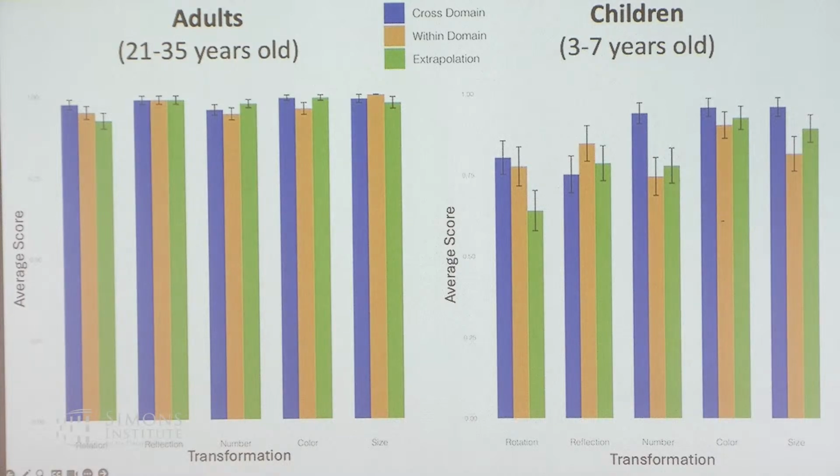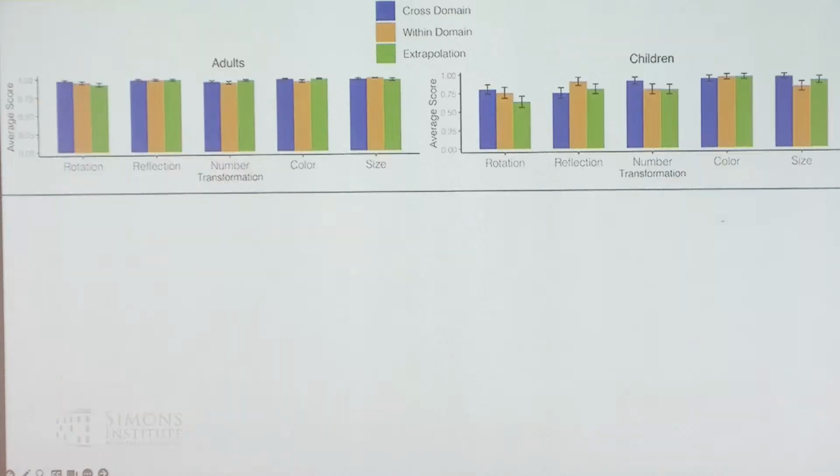For most of the concepts, the middle yellow bars and the green bars are not significantly different, which means that if people can map in words what exactly the change structure is, they can then extrapolate it visually to a new image. So what does the models' performance look like compared to the humans?